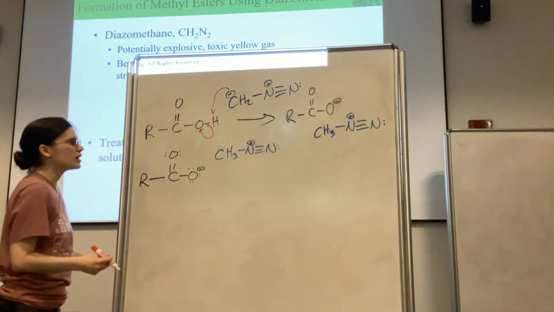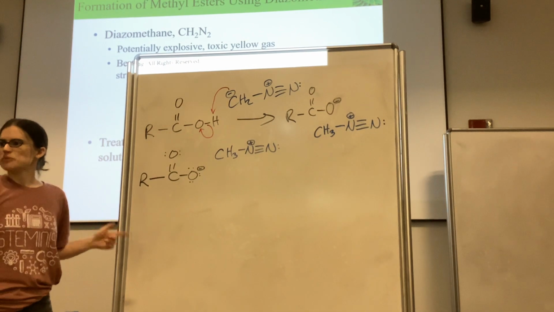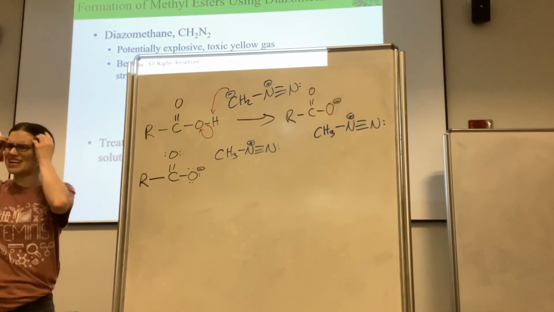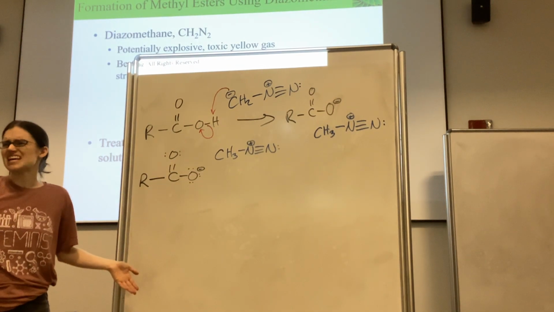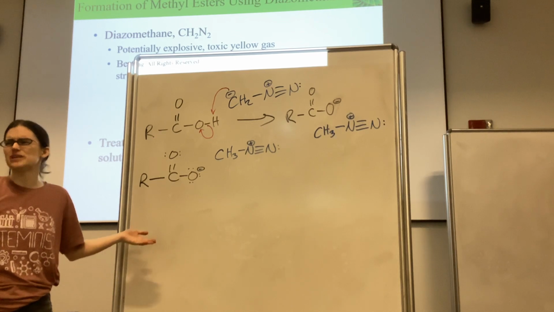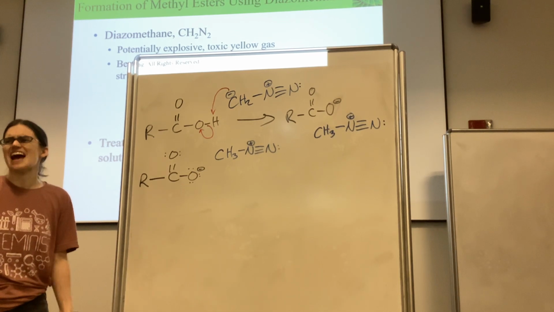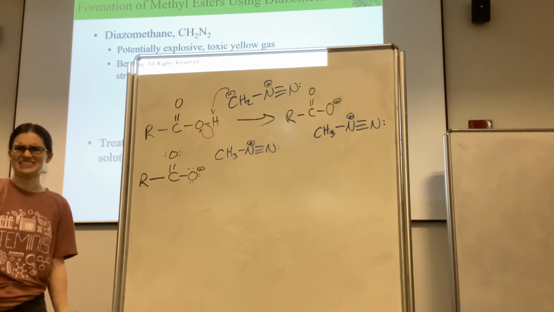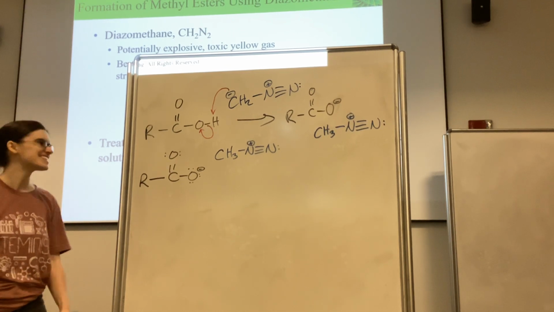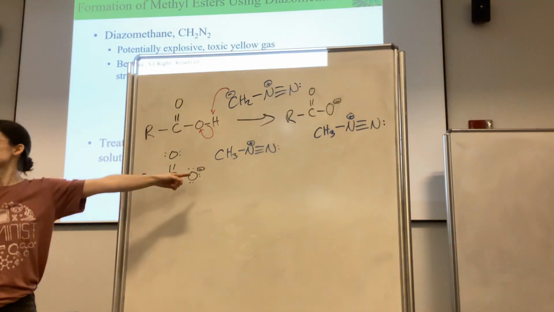Okay, mechanism arrow. You remember how we were talking about Fischer esterification, and I was like, okay, but how does nucleophilic attack work? How do we normally do stuff with carbonyls? We're not just going to take off the hydrogen and literally put a methyl onto there, right? That would be ridiculous. We use this guy to do that.